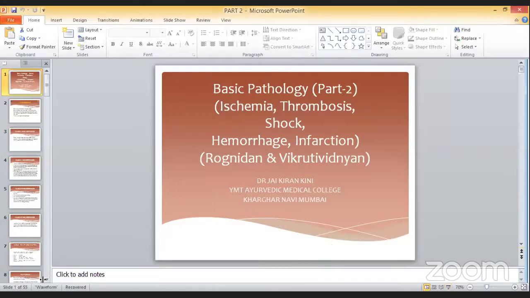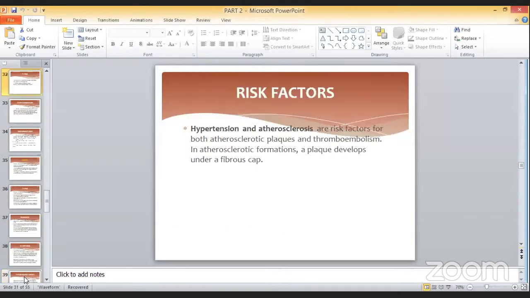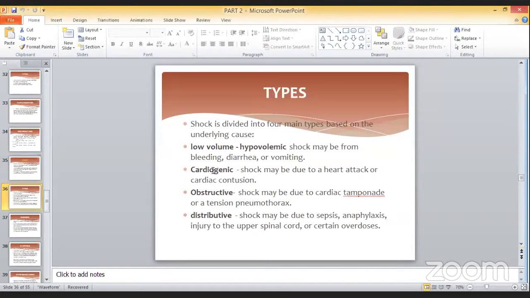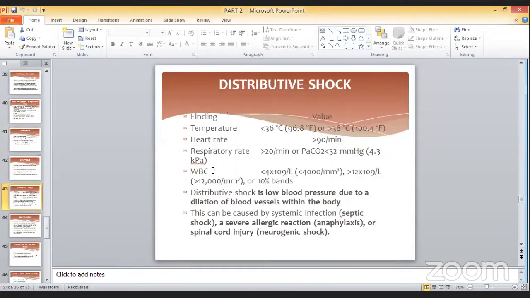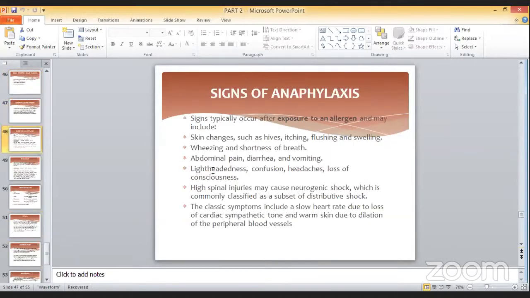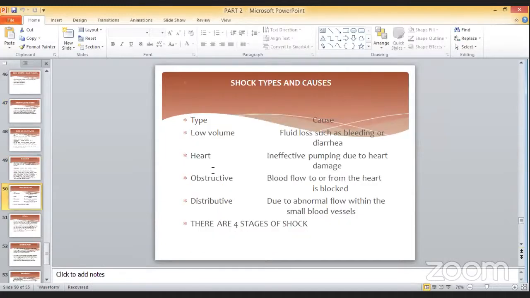See, I will explain. These are the types of shock and these are the stages of shock. So what is the main causative factor of shock? That is deprivation of blood supply by many causes. So what happens when there is deprivation of blood supply?